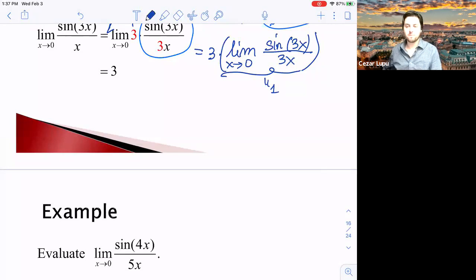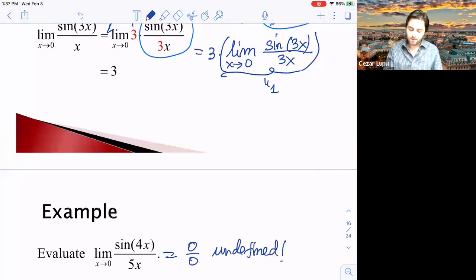What would you do here? First, again, you plug it in. Always you do that. When you plug it in, you'll get 0 over 0, which is undefined.